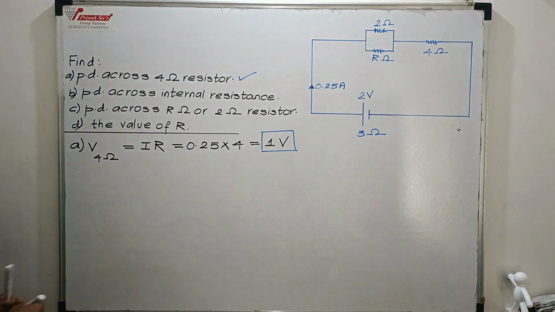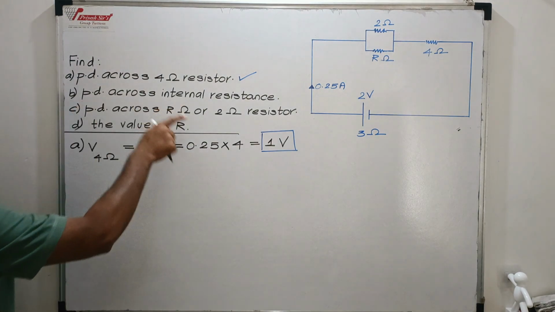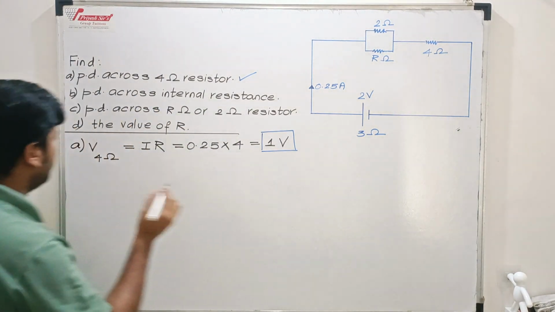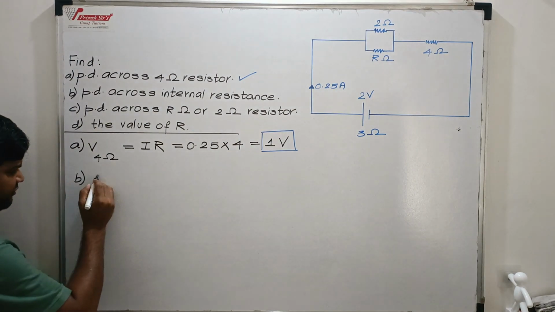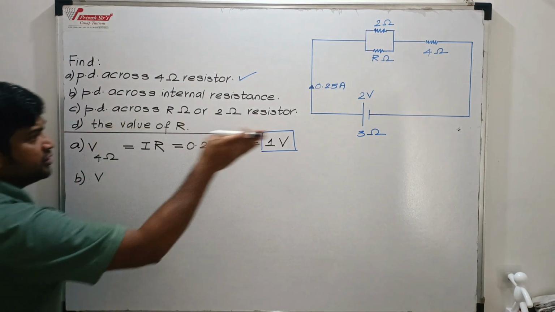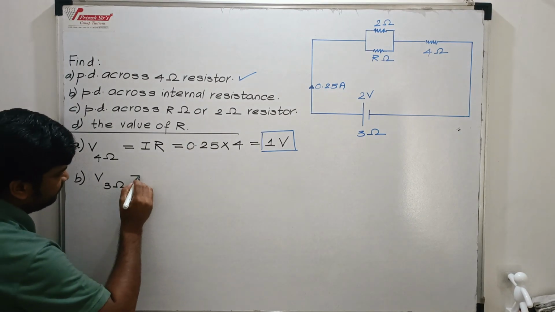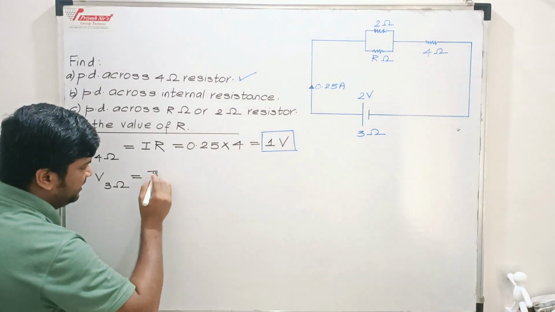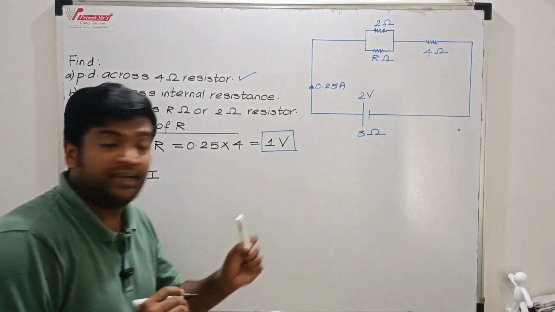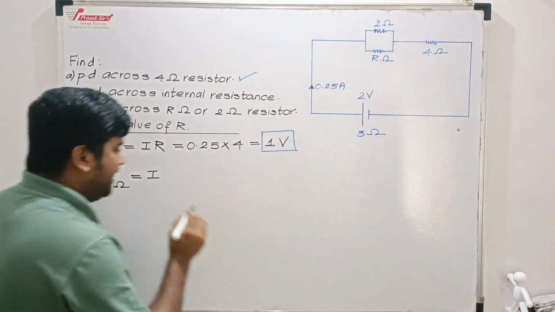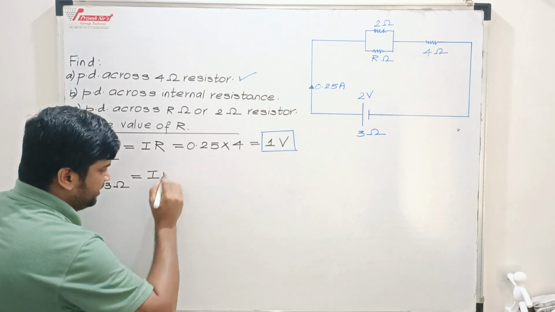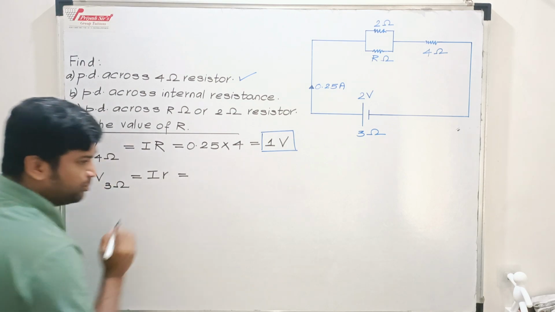Now to the second one, potential difference across the internal resistance. Okay, no problem. So I'll write here potential difference V, that is across internal resistance, that is given 3 ohm. Now again same formula. I is the main current in the circuit and internal resistance is written by small r. So I'll write I into small r.